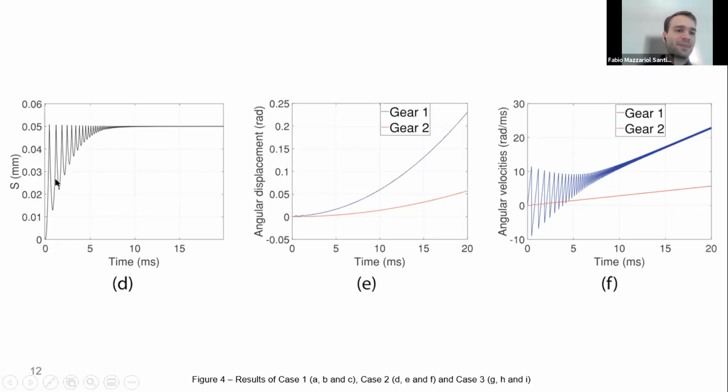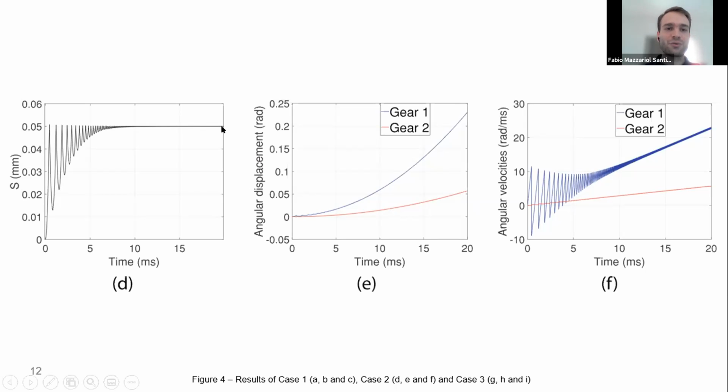We can see how they start to touch each other, and this graph of relative displacement fades to a steady condition, when a tooth is touching the other one almost without kicking the driven one.